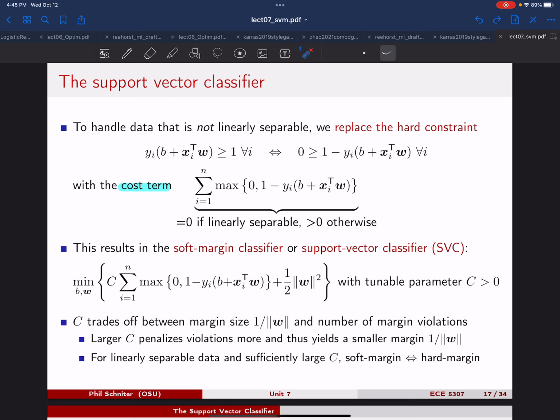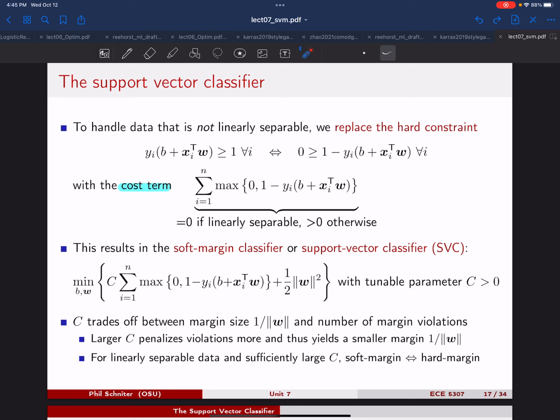If we focus on this, this will grow larger, and if this grows larger, that means the margin itself is smaller. It's like you're making the street smaller in the hope that fewer samples are falling in the street or on the wrong side.